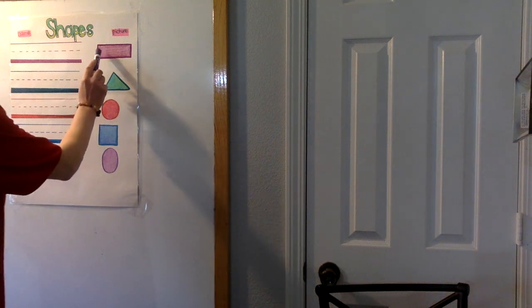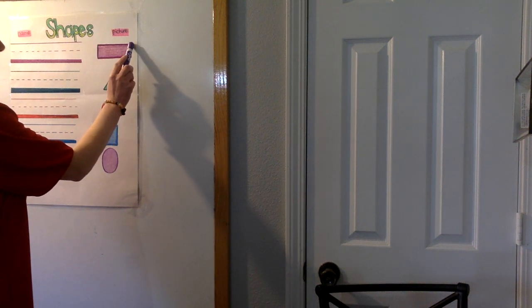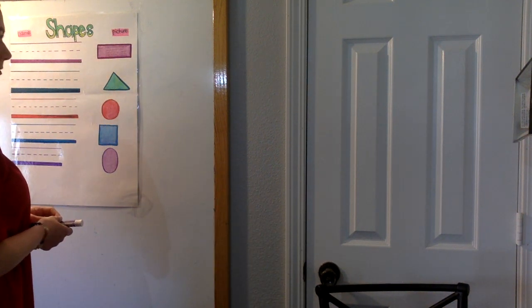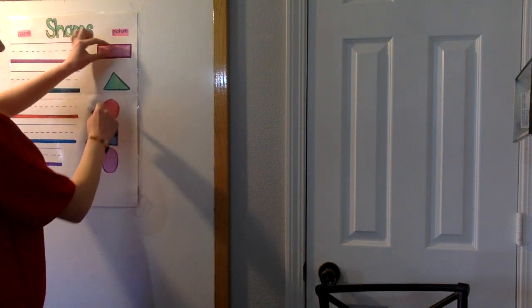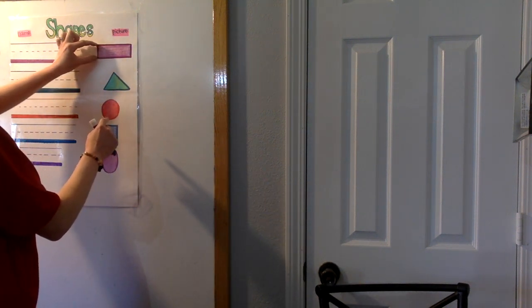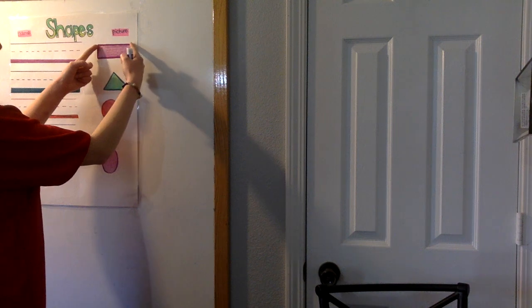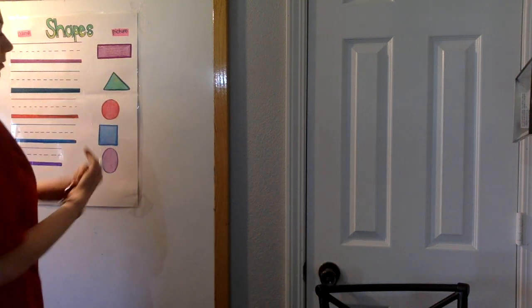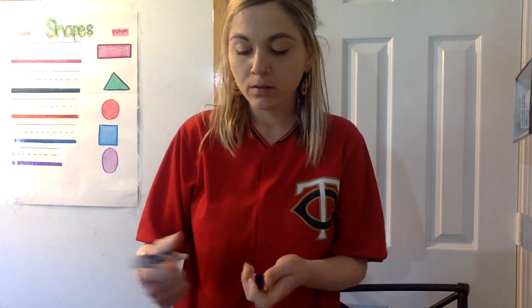It's got 1, 2, 3, 4 sides, and 2 of the sides are the same length, and the other 2 sides are the same length. This shape is called a rectangle. So let's sound out each letter sound and spell the word rectangle.